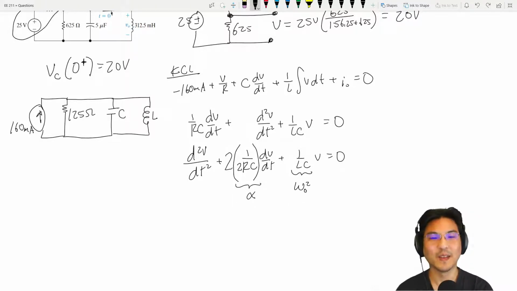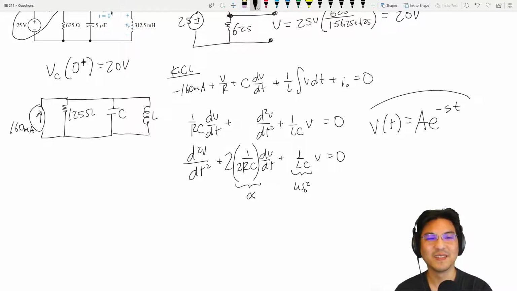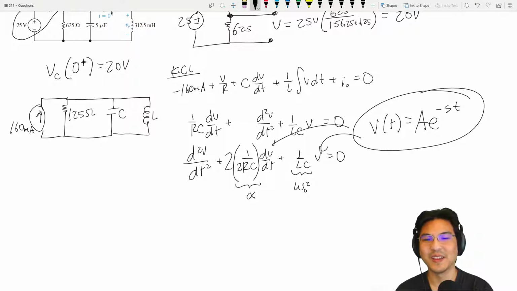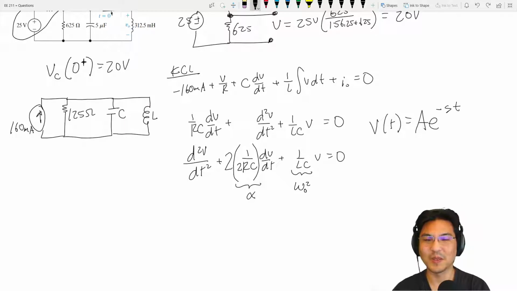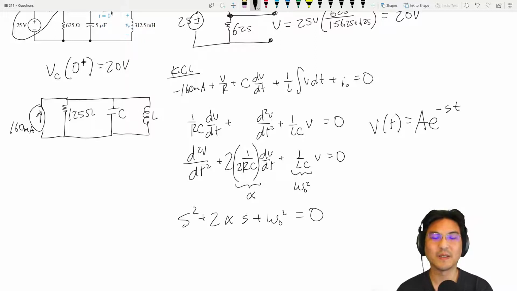Right, and then if the general form of the solution looks like V is A e to the st, substitute that here and here and here, then it just turns out to be like this. That's our characteristic equation, which is a quadratic.